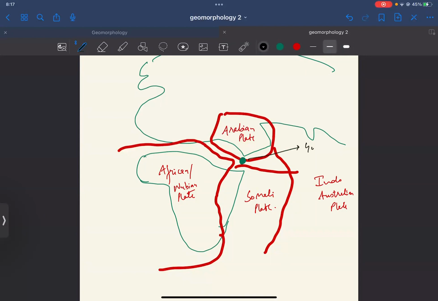This is known as the Gulf of Aden. This sea region is the Red Sea.